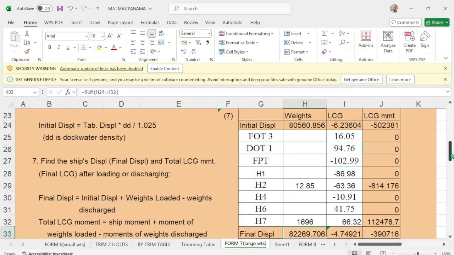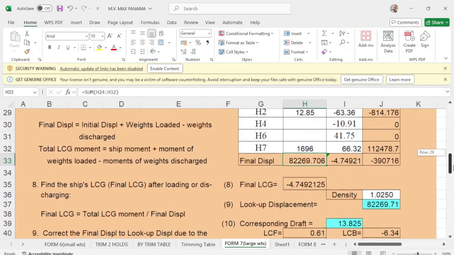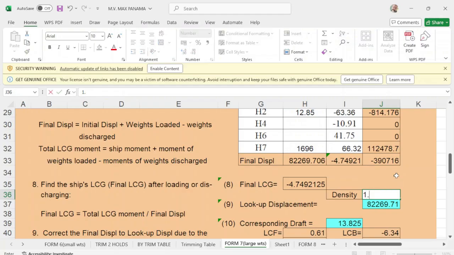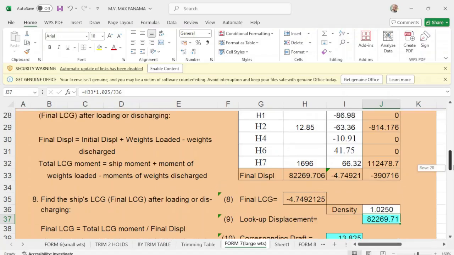Then, of course, after completion of loading, you're still floating and density of salt water is 1.025. Is that correct?